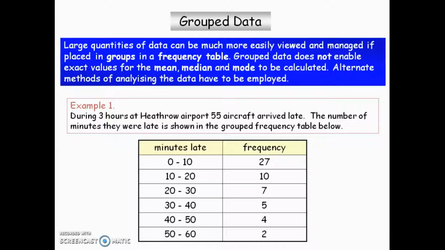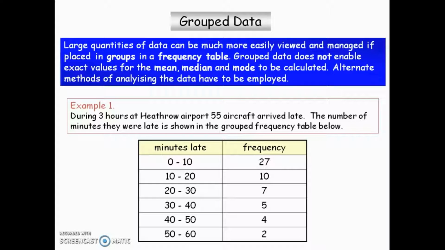Let us take an example. If we have 55 aircraft arriving late within 3 hours of duration at a particular Heathrow airport, then the number of minutes they were late is already given to us, and we need to analyze the data. We need to find out the mean, median and mode for this particular data set.